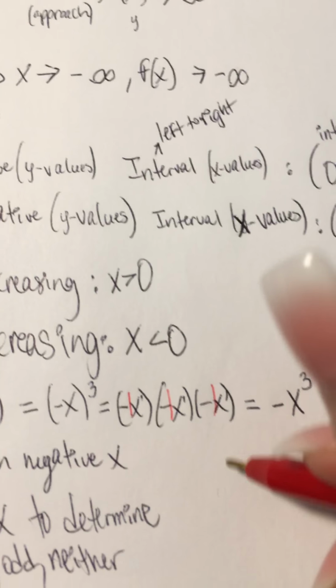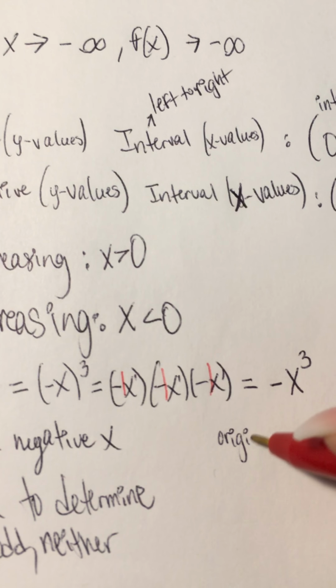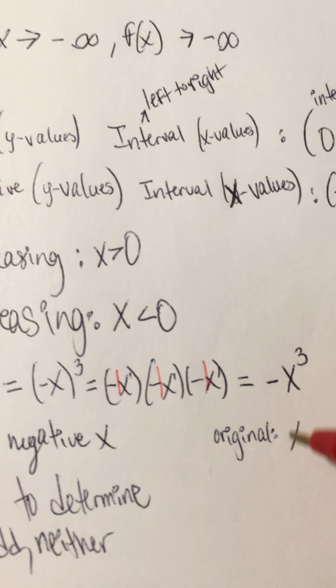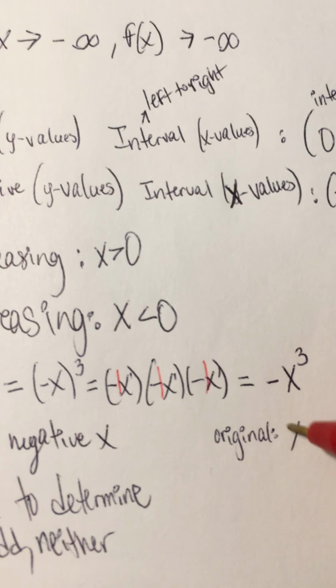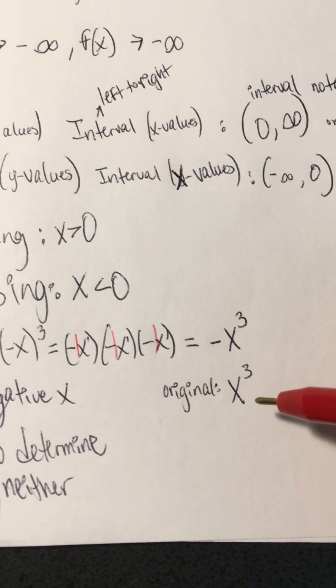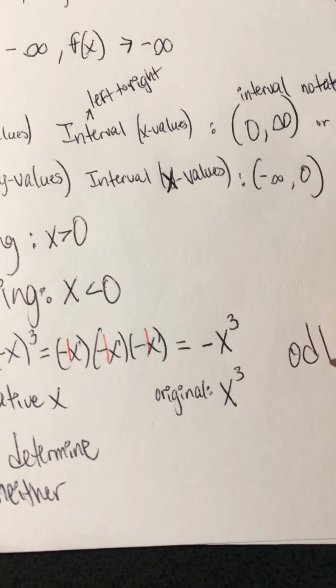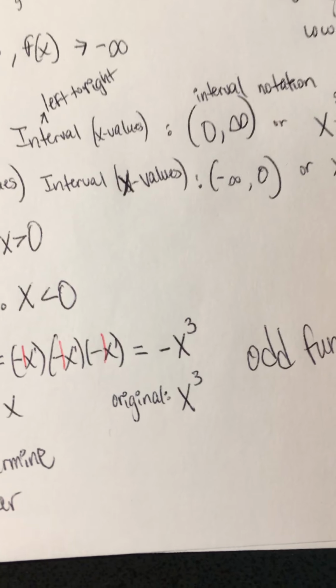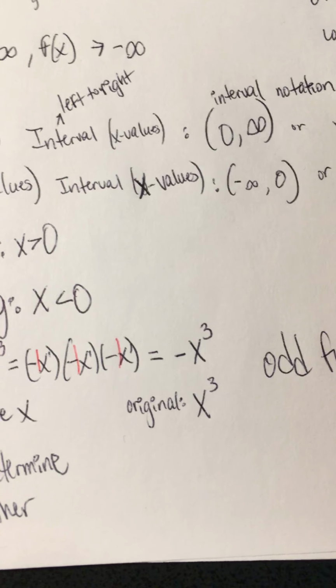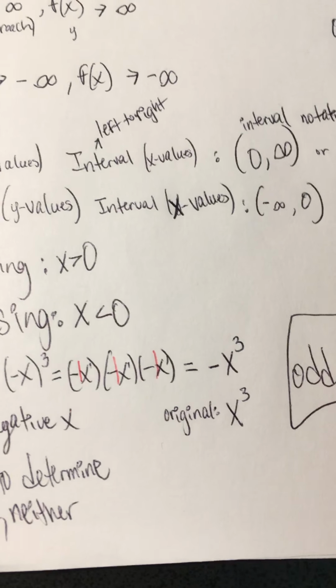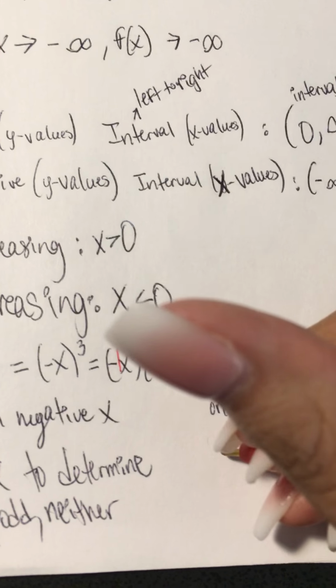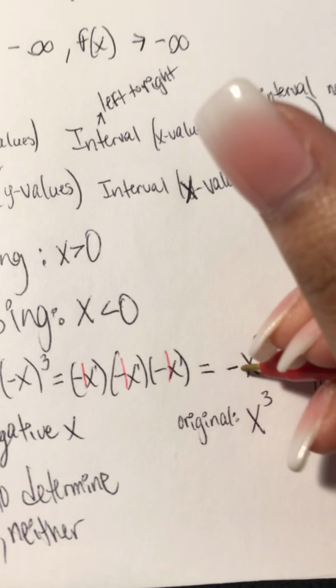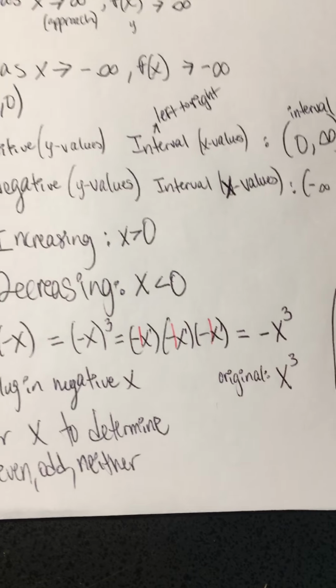Okay, the original was positive x cubed. So if your answer is negative of the original, that makes it an odd function. This is negative of the original.